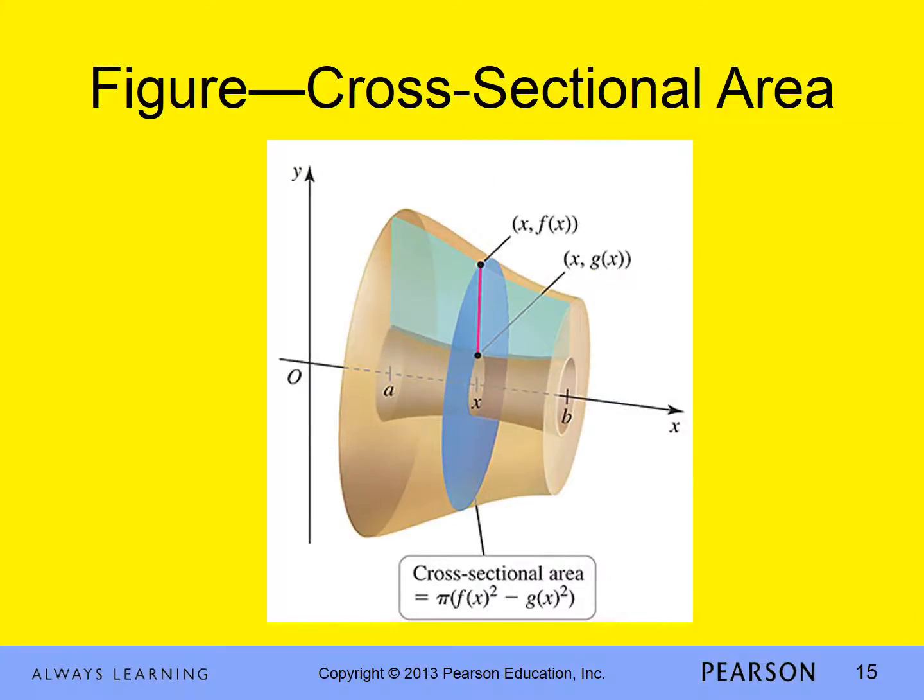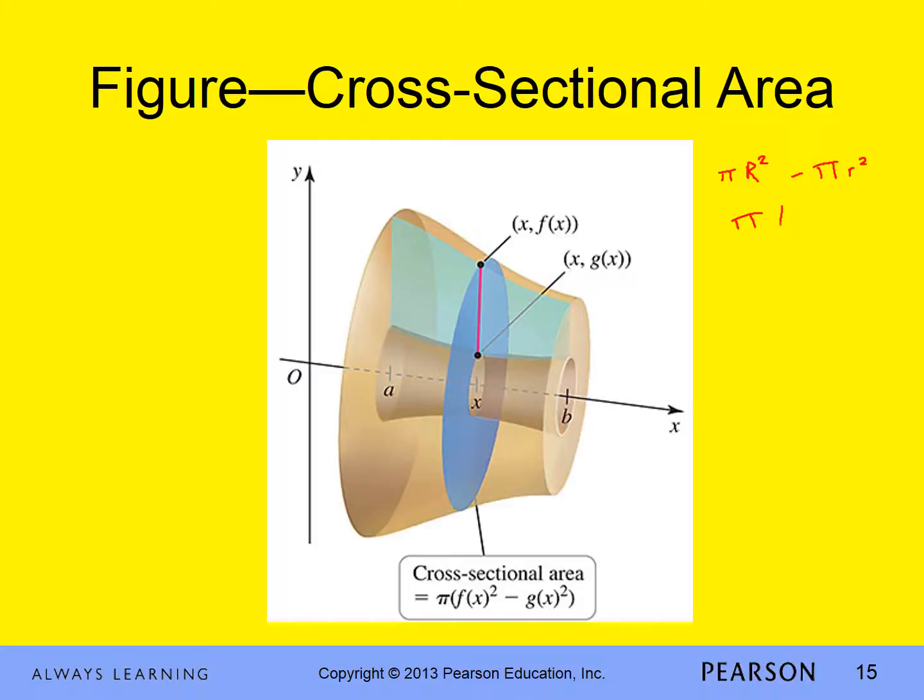That cross-sectional area is the area of the big circle minus the area of the little circle, right? The blue area is pi r squared for the big radius minus pi r squared, little r this time, for the little circle in the middle.